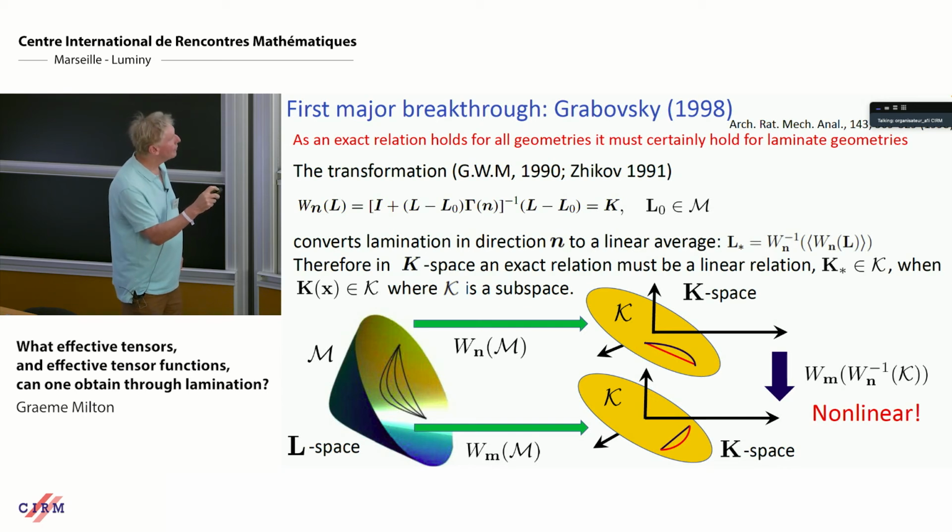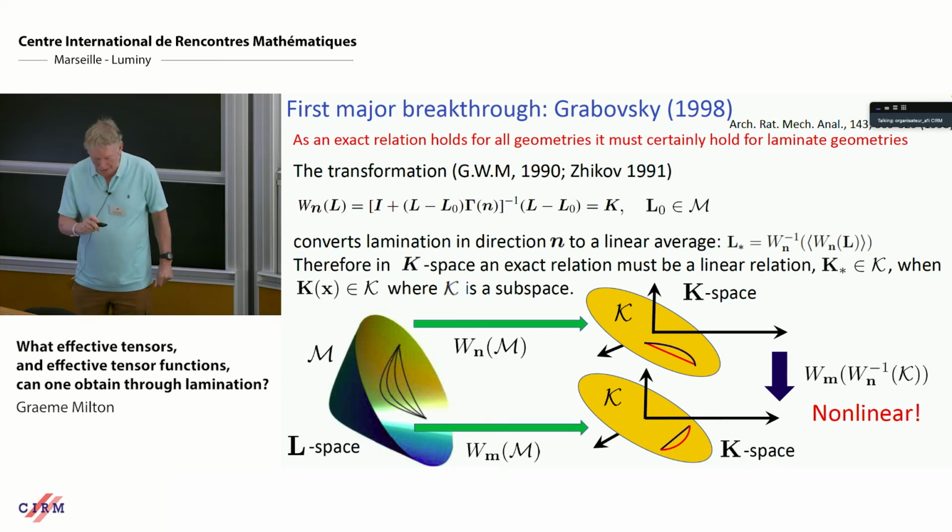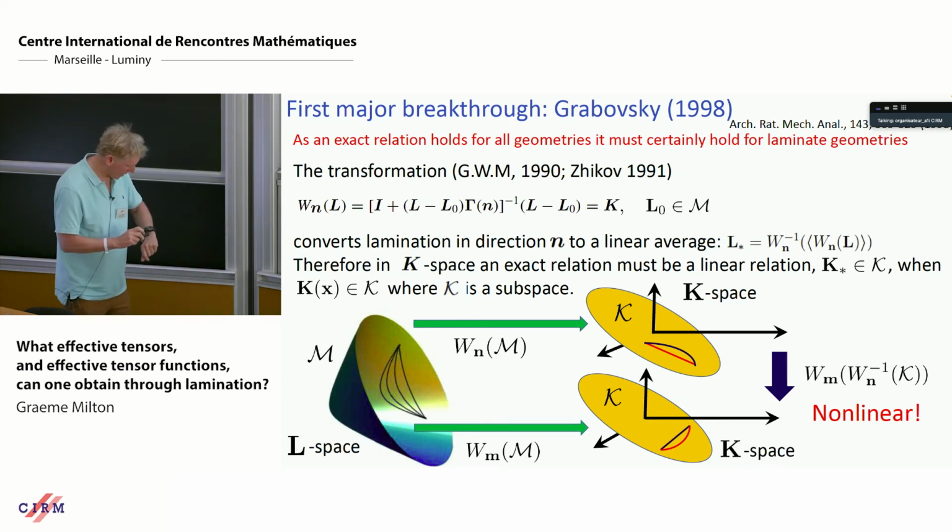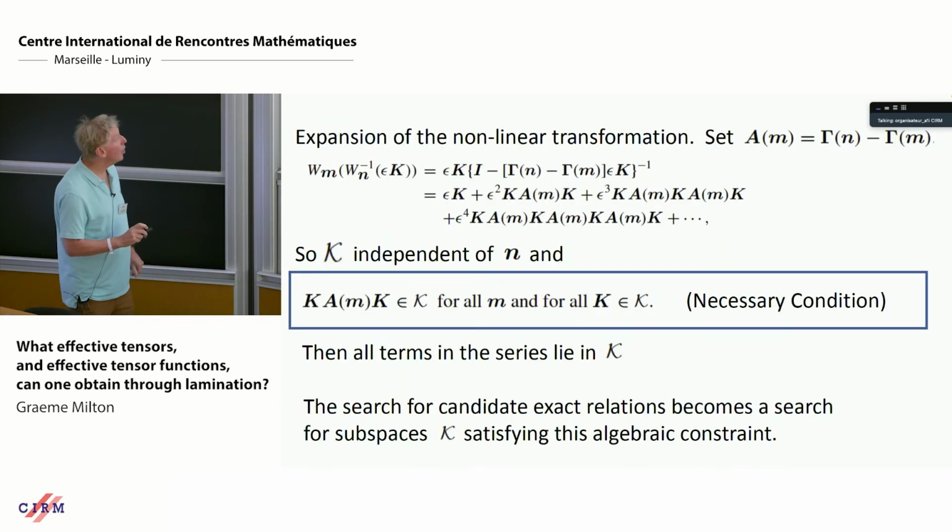And so if we take a different lamination, one also wants that to end up in a linear space. So that implies that this composition, which is a nonlinear transformation, maps the subspace to a subspace. And so then it becomes a question of what subspaces have that property.